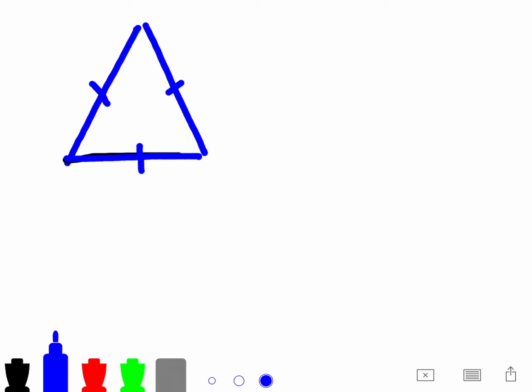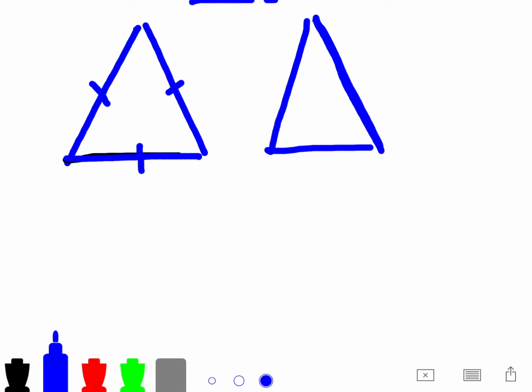All three sides are congruent, and so I can put those congruency marks on there. For an isosceles triangle, two of the sides are congruent, and one is different from the other two, which is fine. Just makes it a different kind of triangle. So let's say these two sides are the same, but the bottom one is not. And since it's not congruent to anything, there is no congruency mark.